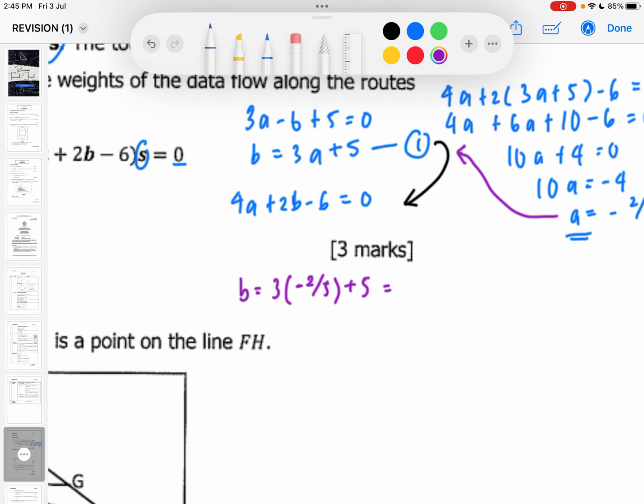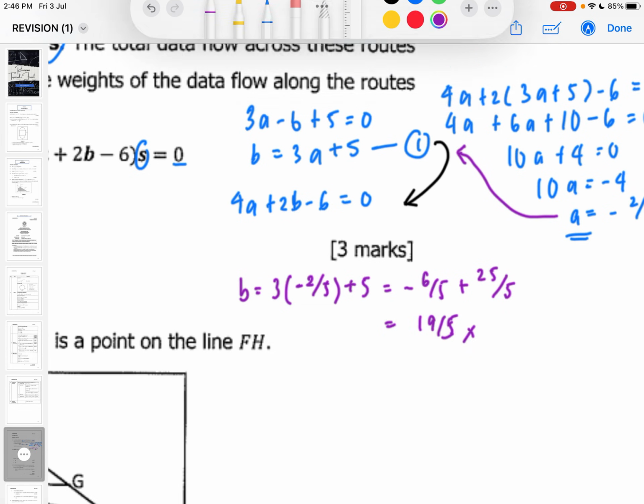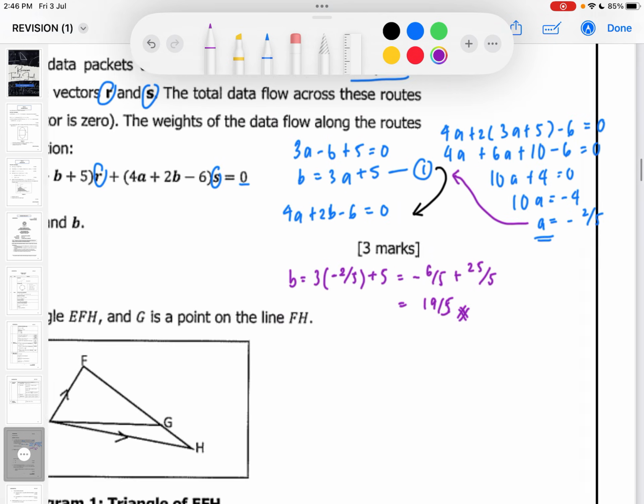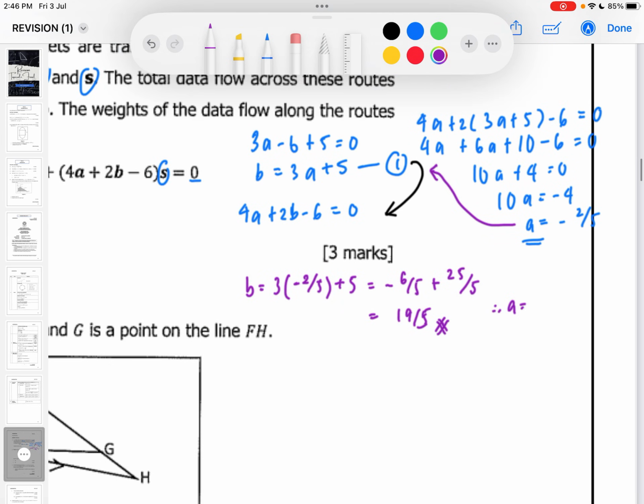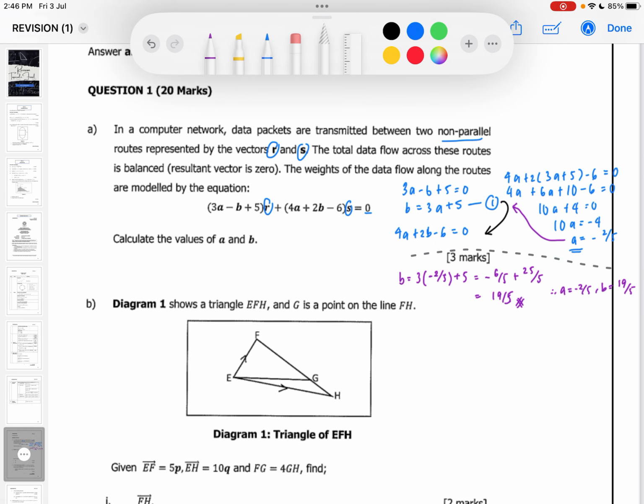So it's going to be negative 6 over 5 plus 25 over 5, which is 19 over 5. So the final answer would be a equals negative 2 over 5, and b equals 19 over 5. That is for question 1.